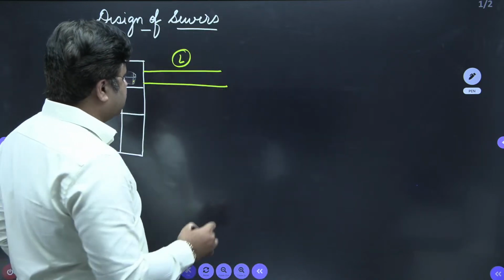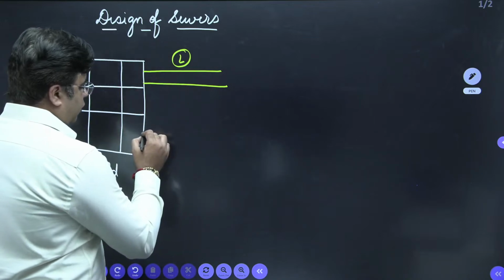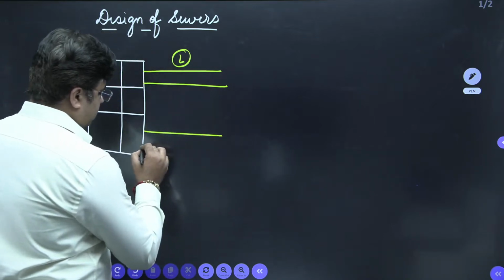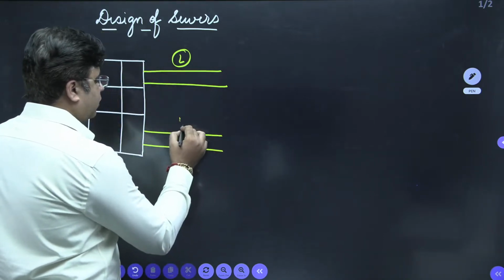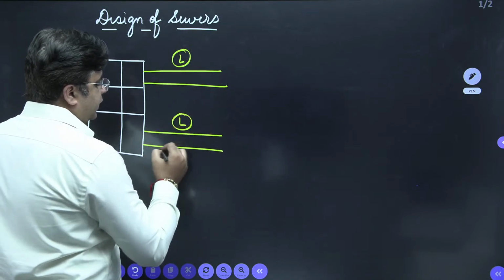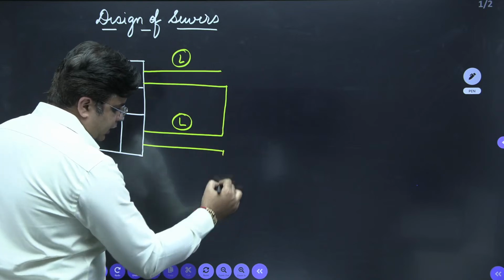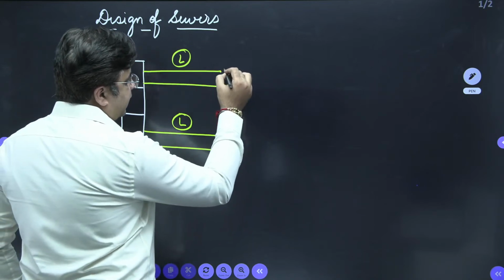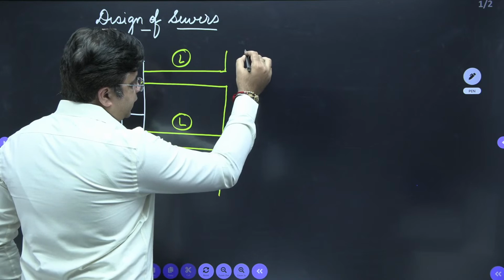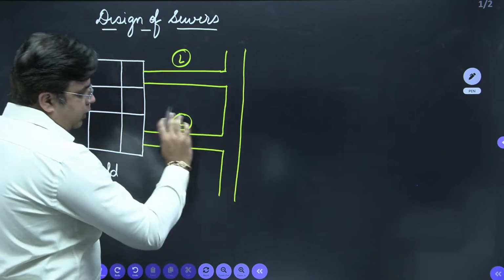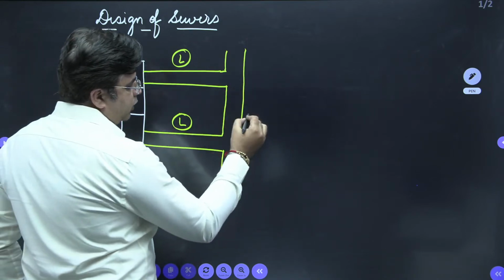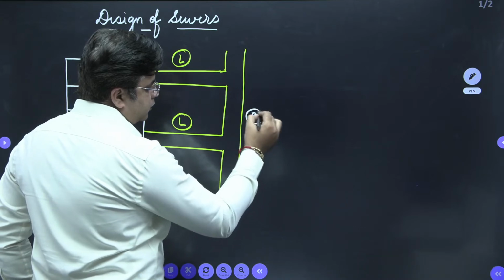Different laterals take wastewater to the branch sewer. So this is again one more lateral I have drawn. Different laterals collect wastewater and drop it into the branch sewer like this. This is my branch sewer.